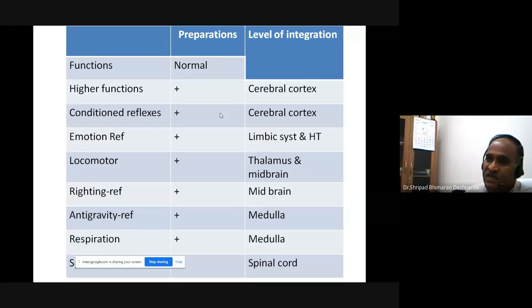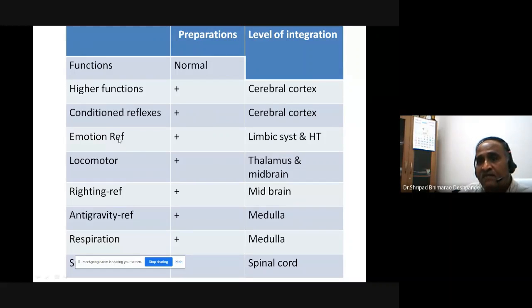So these are operant conditionings. I mentioned the classical conditioning of Pavlov and the operant conditioning of Skinner. Skinner performed the operant conditioning. For this you require the presence of the neocortex, because you require a large number of neural areas.